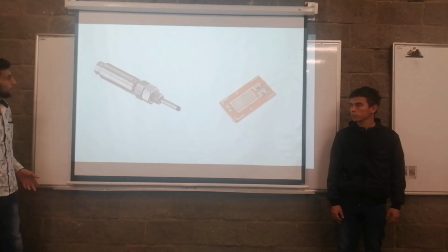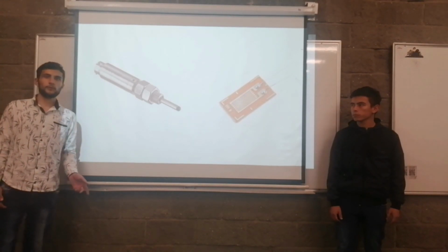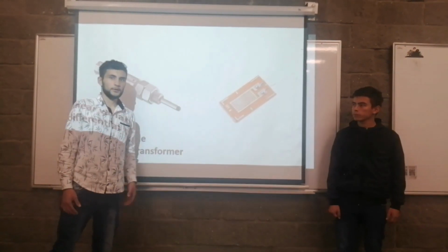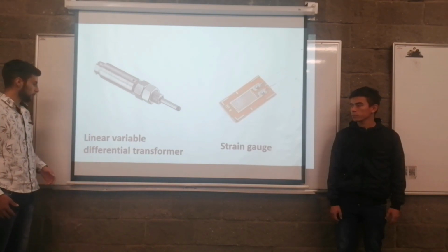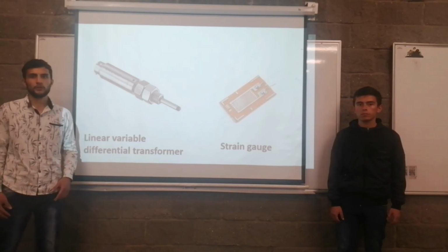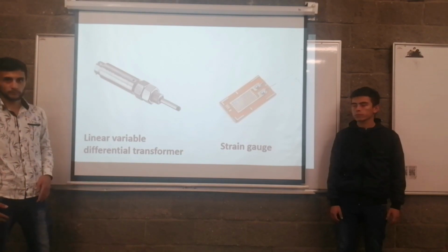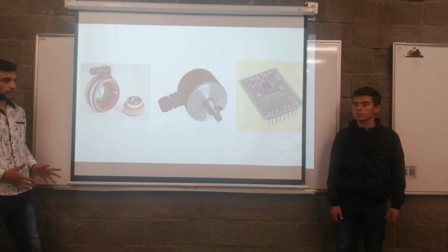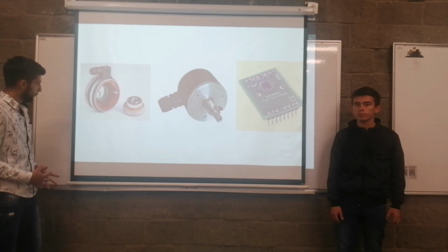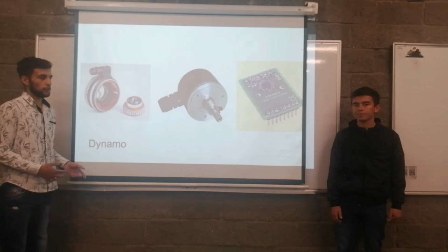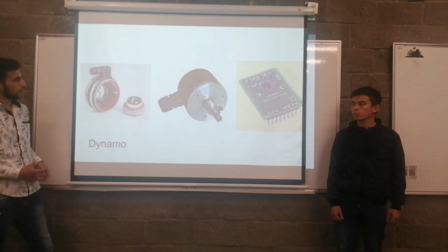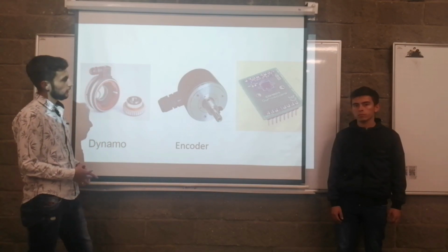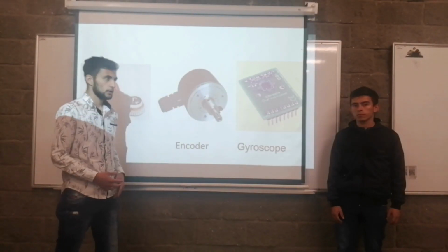We can find sensors of displacement and deformation: strain gauge and linear variable differential transformer, its output is analog. For linear and angular speed, we have a dynamo, its output is analog; an encoder, its output is digital; and a gyroscope.